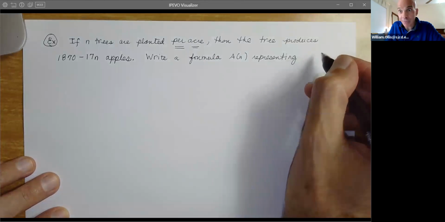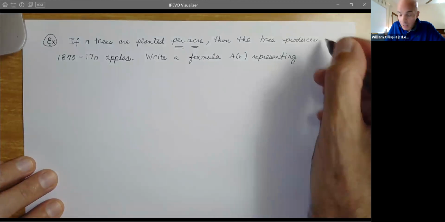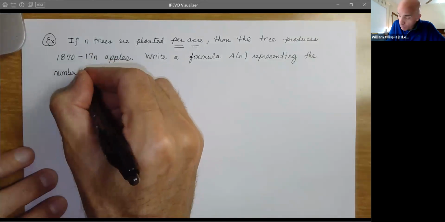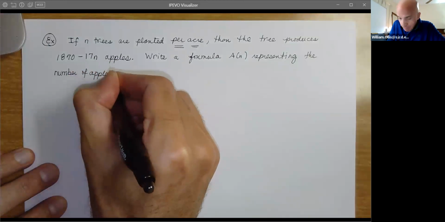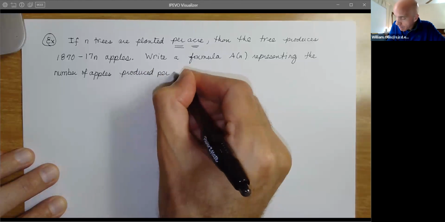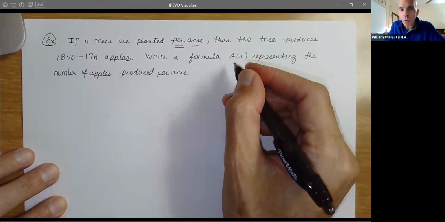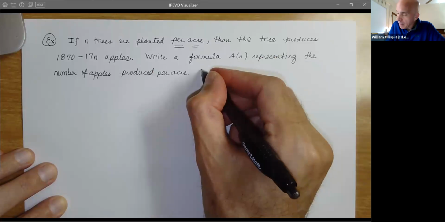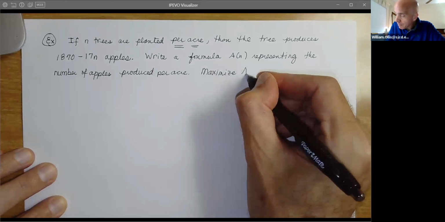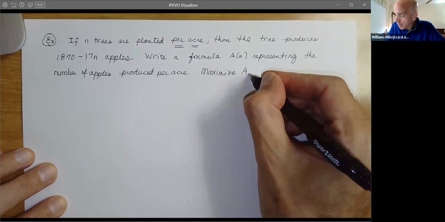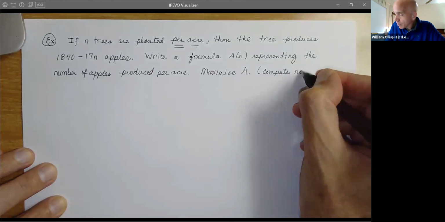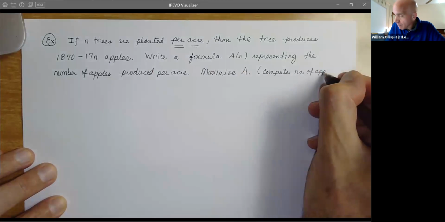I'm bad at that. And then what we want to do is maximize A, and then also compute the number of apples.